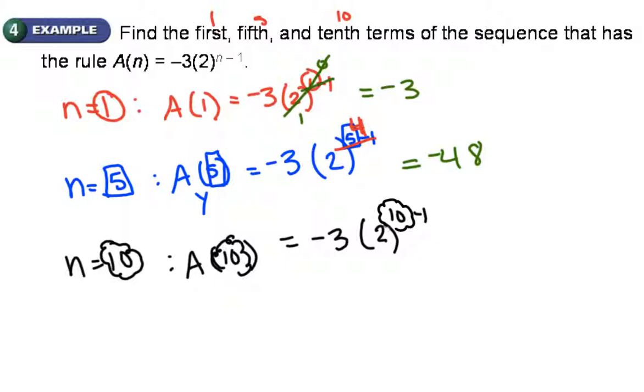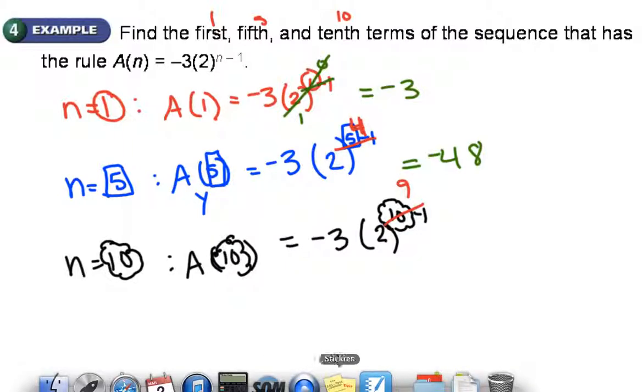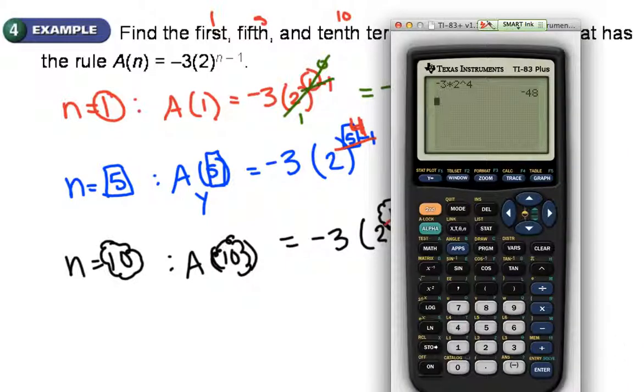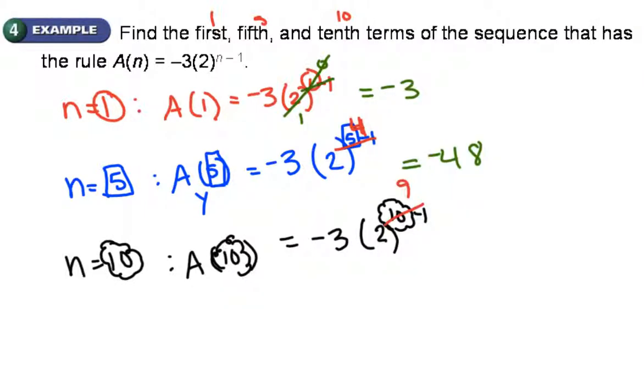And we substituted in that 10 for the x. 10 minus 1 is 9. So now going back to the calculator, we have negative 3 times 2 raised to the 9th power. And that gives you negative 1,536.